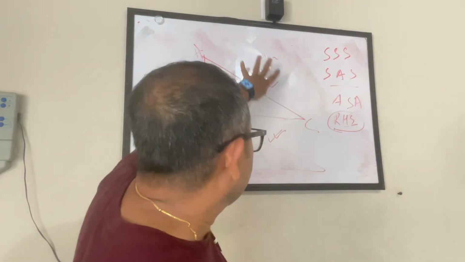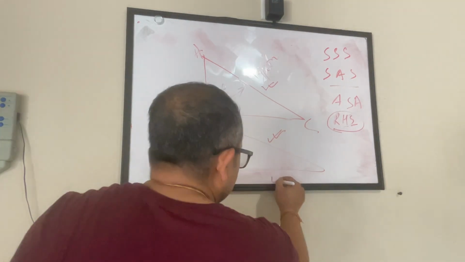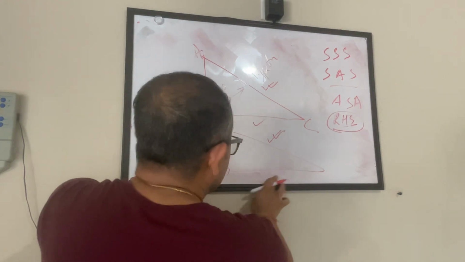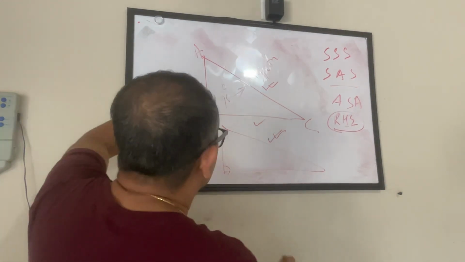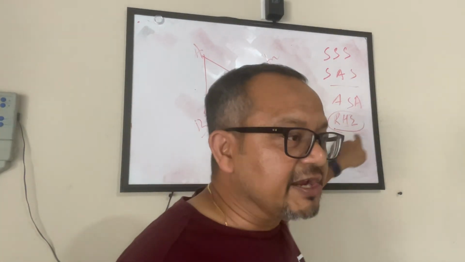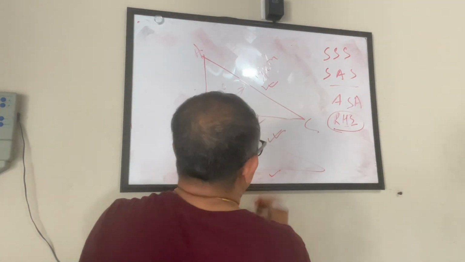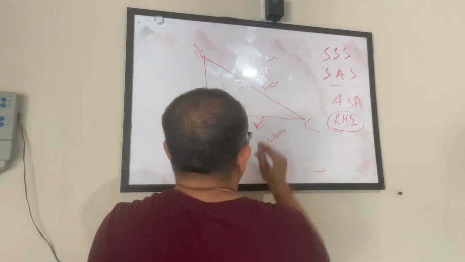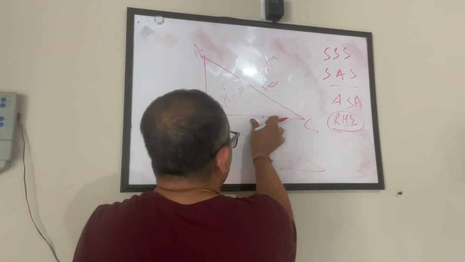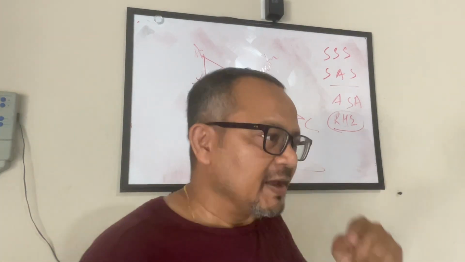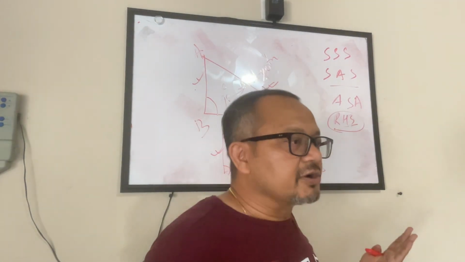After you have taken the hypotenuse out, what you are left with is this side and this side. If the hypotenuse is matching and one of the sides is matching, meaning this side and this side, or this side and this side, then they are congruent.